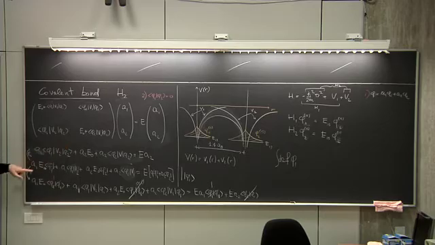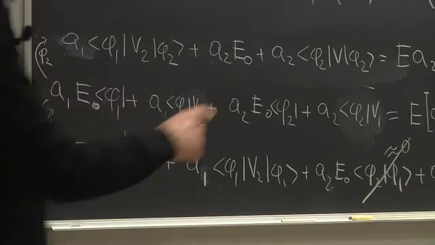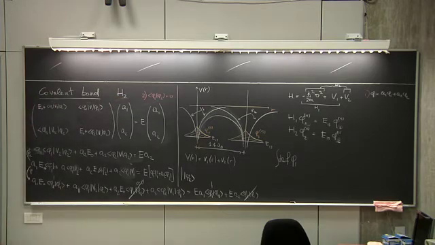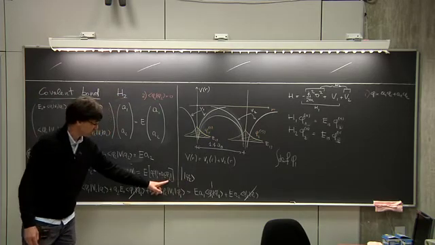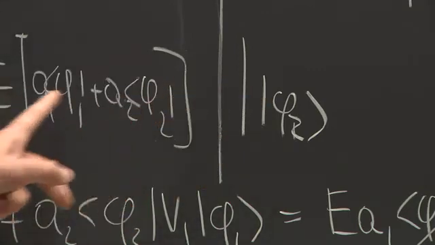The top line here, you see, phi 1 here and phi 2 here. I'm projecting this equation between functions twice. First on phi 1, second time on phi 2. So these are my two equations, below and above the original equation. If I project this one on phi 2, this is 1 and this is 0. So this becomes EA2.